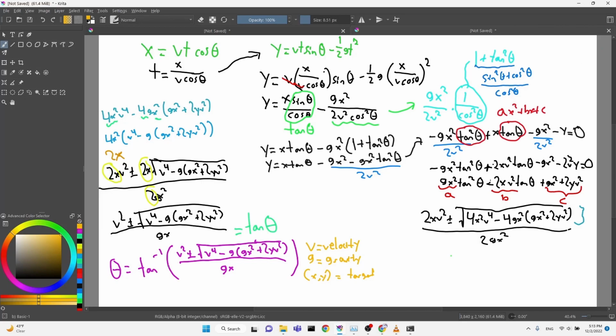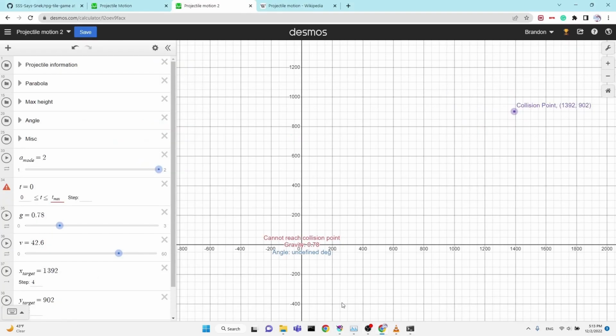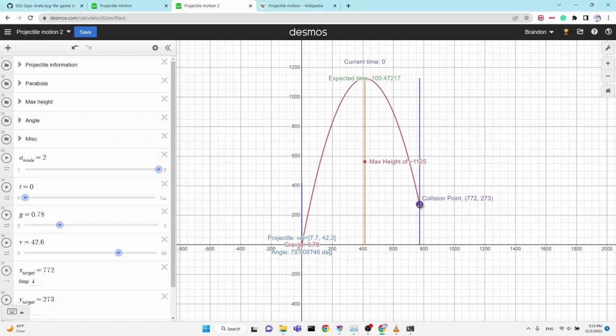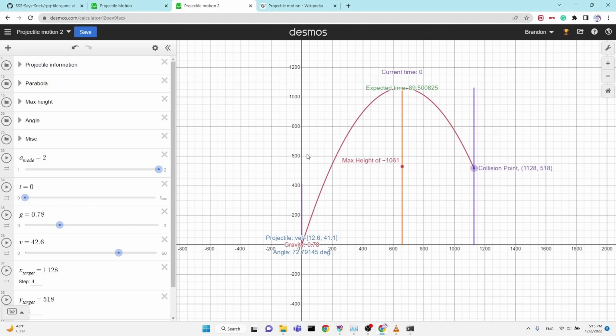Now, you see this plus or minus, which we got from the quadratic solving. That basically means we have two different angles we could plug in. I'll go back to the graph and set it back here. We have two possible angles.